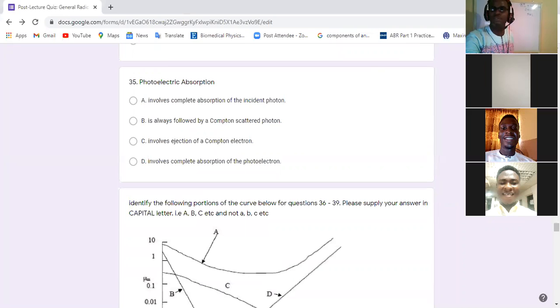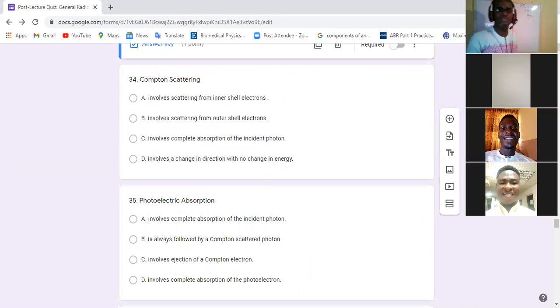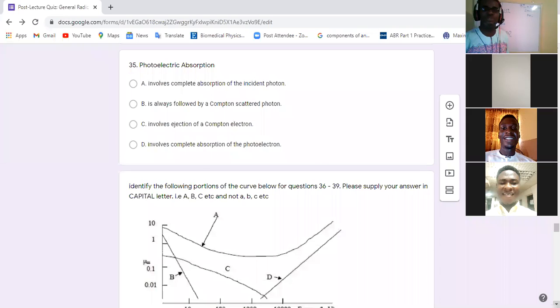So Compton effect, Compton scattering, 34. B. Outer shell electron, yes. 35, photoelectric effect. B. 35, photoelectric absorption.